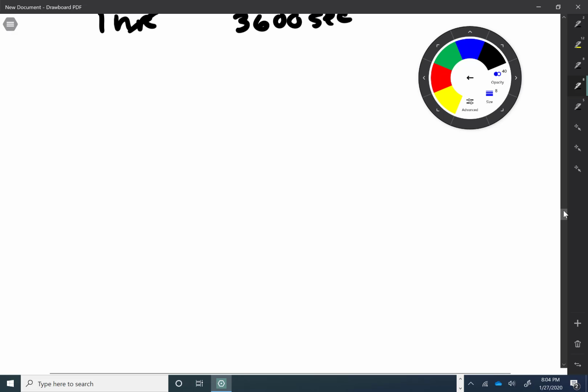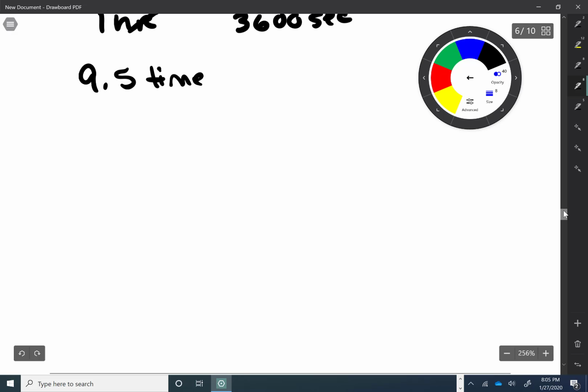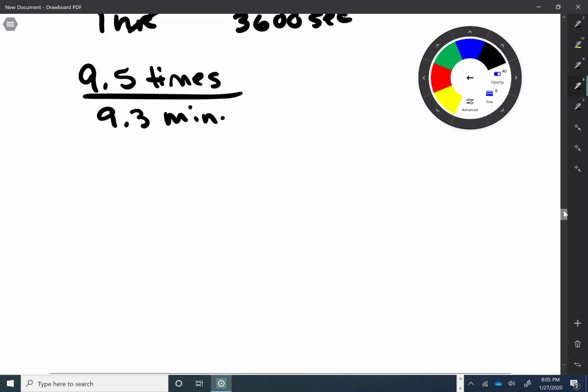Let's see, number 6. Another word problem. And sometimes your numbers may be different because I've set it to generate different numbers for different problems. This one says a bicycle wheel rotates 9.5 times in 9.3 minutes. So we have to decide what this is. On the last problem, that was miles per hour, so that was linear speed.